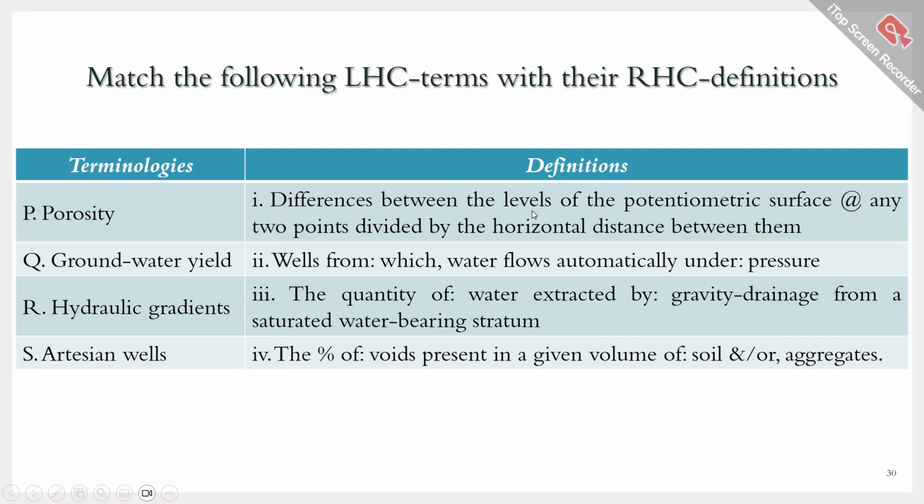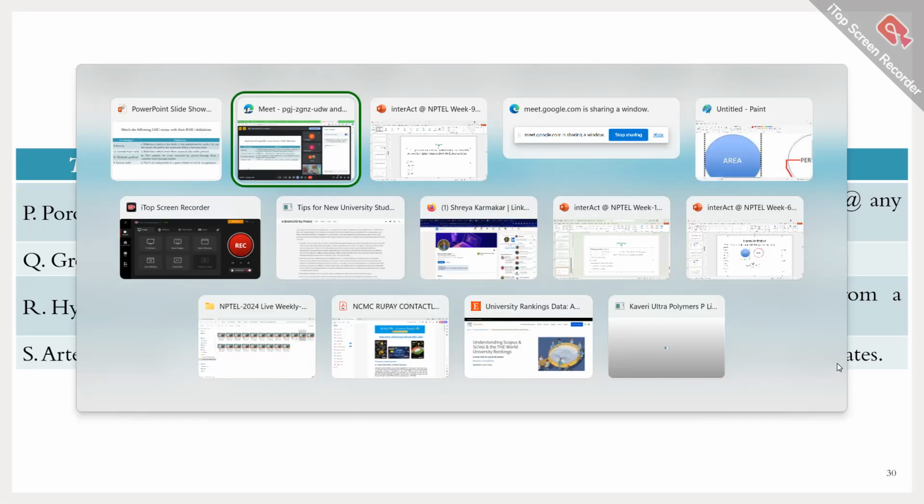The first is the difference between the levels of the potentiometric surface at any two points divided by the horizontal distance between them. Number two is wells from which water flows automatically under pressure. Number three is the quantity of water extracted by gravity drainage from a saturated water bearing stratum. And number four is the percentage of voids present in a given volume of soil or aggregates.